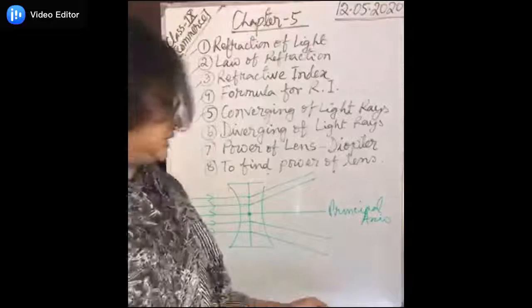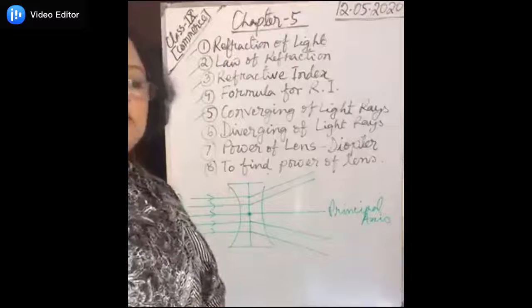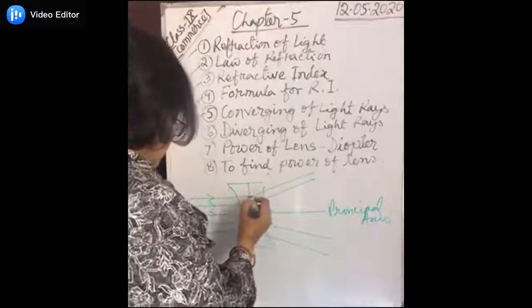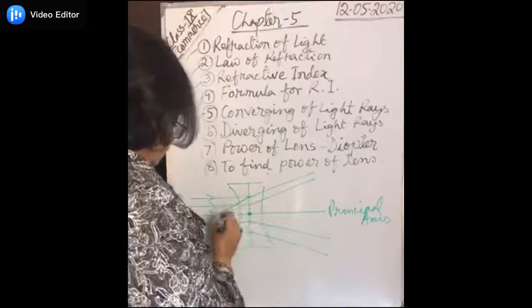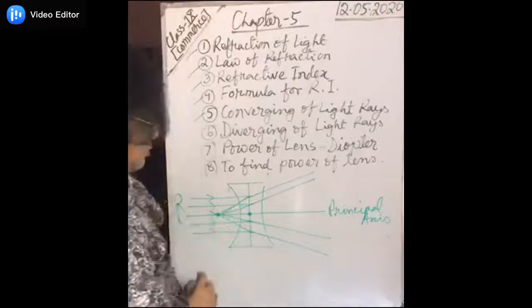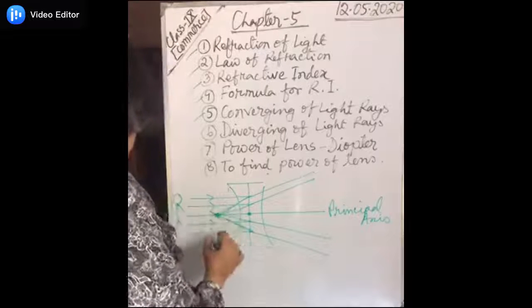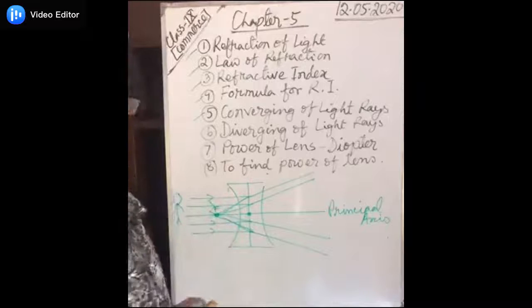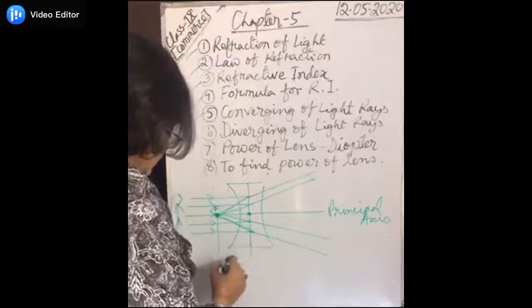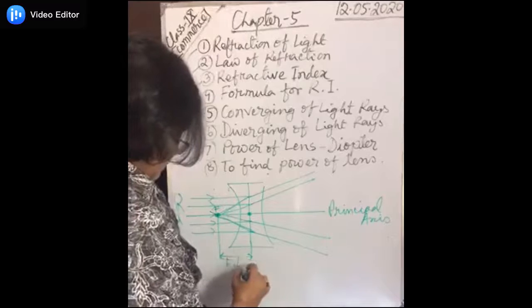So now how can we find the focal point and focal length? Is it possible? They are not meeting at a point. Yes, there is a way. If we draw the lines backward, they will all meet at a point. This point is called the focal point, and the distance between this and this is called the focal length.